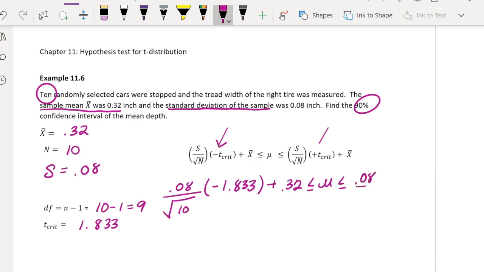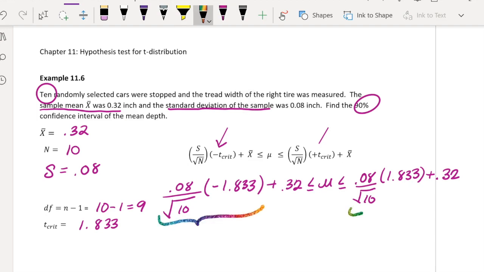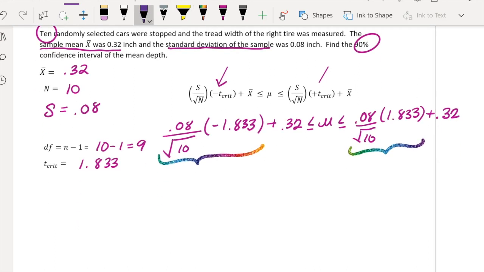So 0.08 over the square root of 10, times 1.833, plus 0.32. Again, this part is what we call the margin of error.